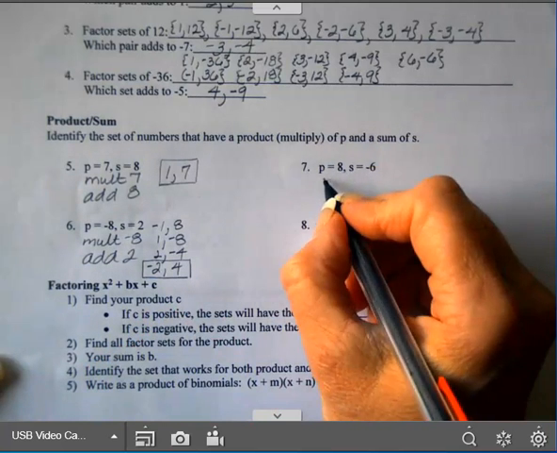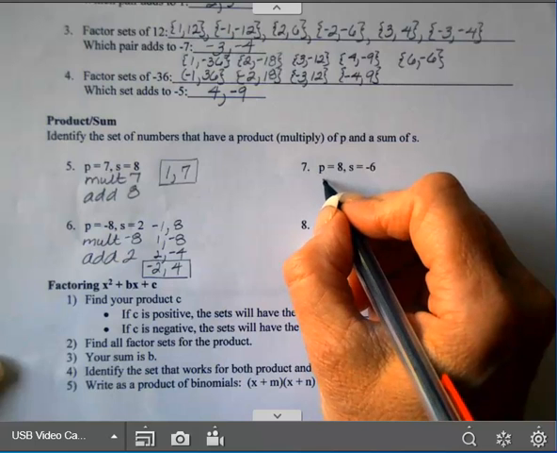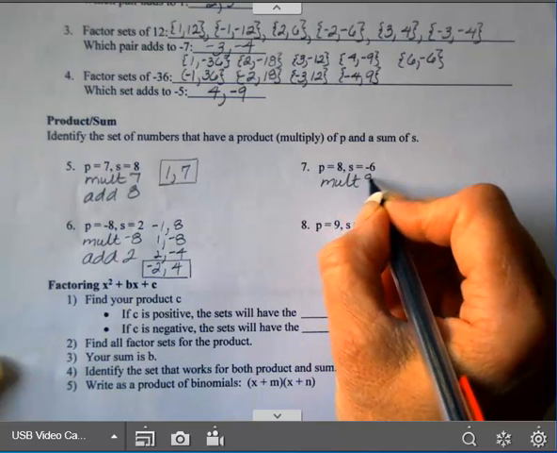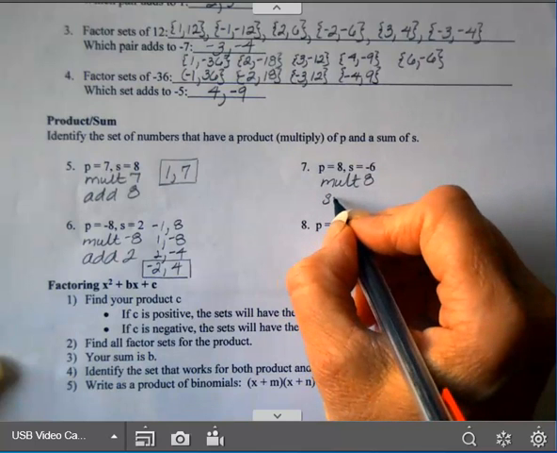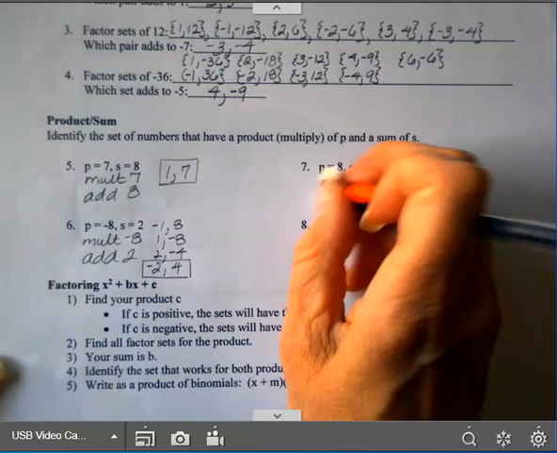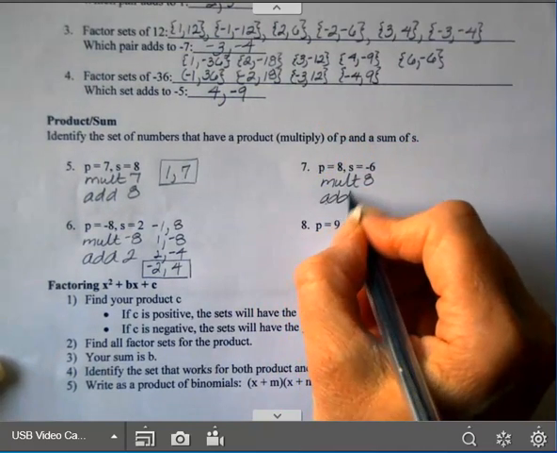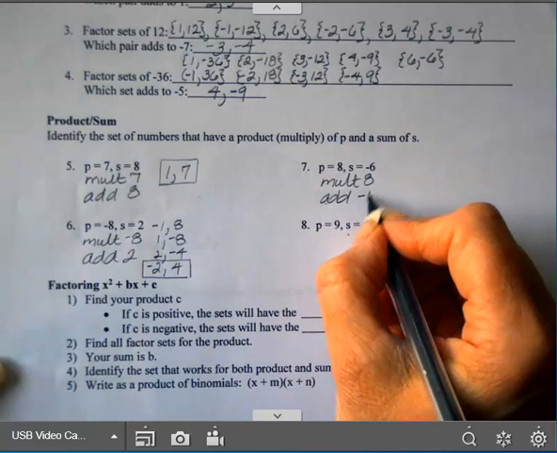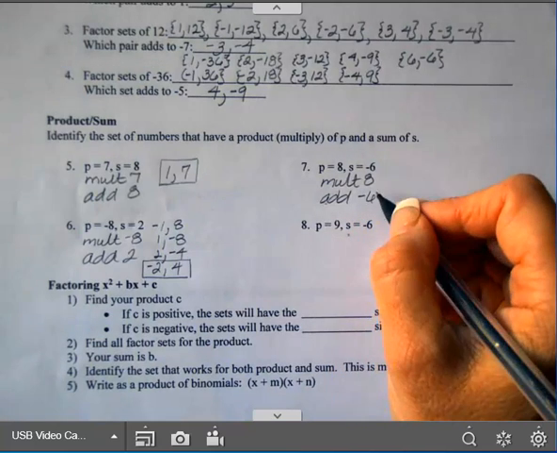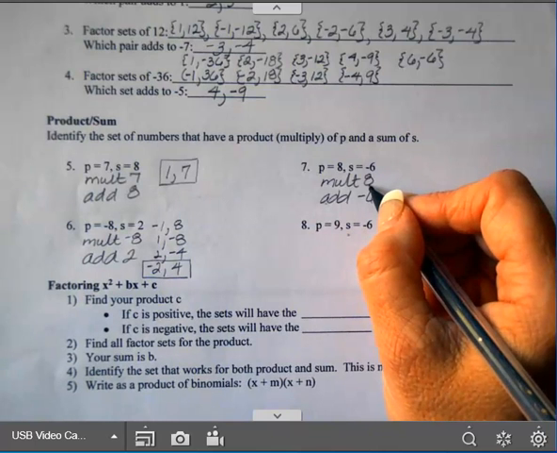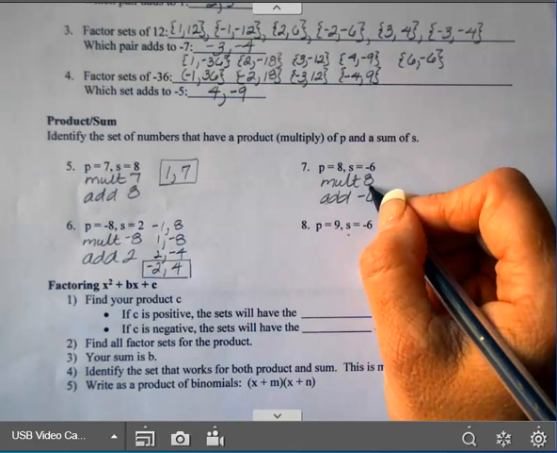On number 7, we want it to have a product of 8, so it needs to multiply to 8. And I want it to have a sum, or I want it to add, so you can use whichever word you want. So sum or add to negative 6. Okay, since it multiplies to a positive number, both numbers are positive or both numbers have to be negative.